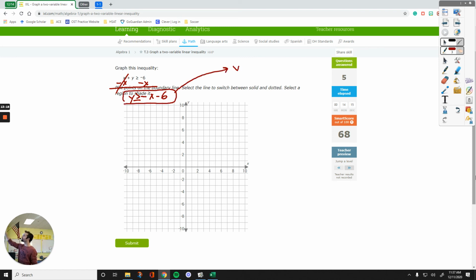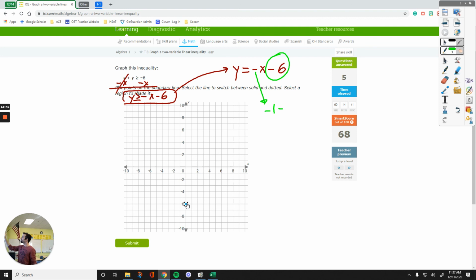So to have a starting point, let's just plot this. Okay? It's going to be a line. Our starting point is the y-intercept right here. Mx plus b, negative 6 on the y-axis, plot it. And then do whatever your slope tells you to do. This is my slope, negative x, or negative 1x.